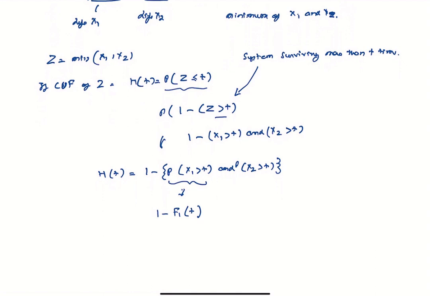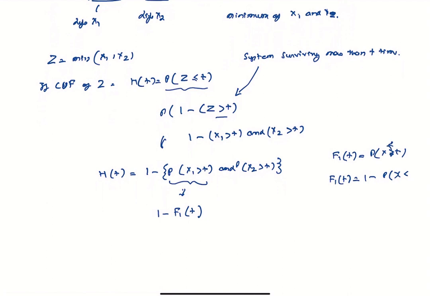The CDF f1 of t is the probability of x less than or equal to t. So it can also be written as f1 of t equal to 1 minus the probability of x more than t. So that's what this thing is.